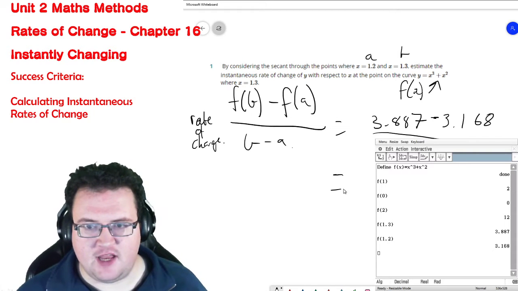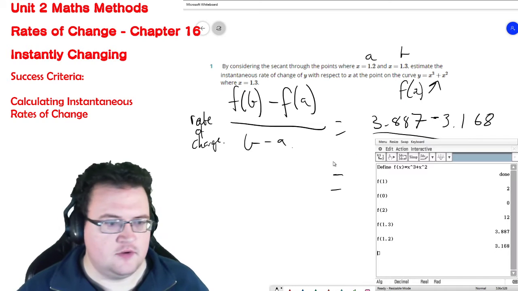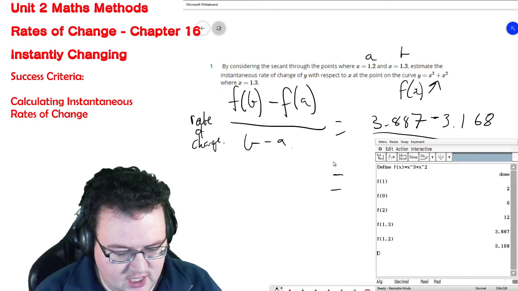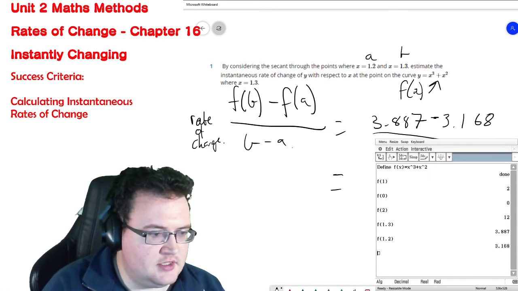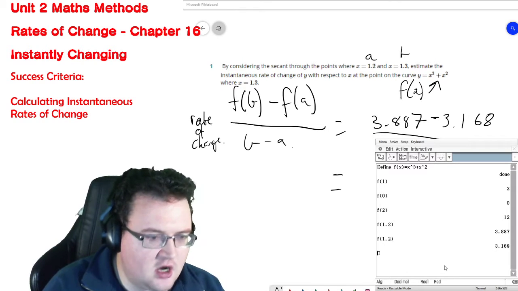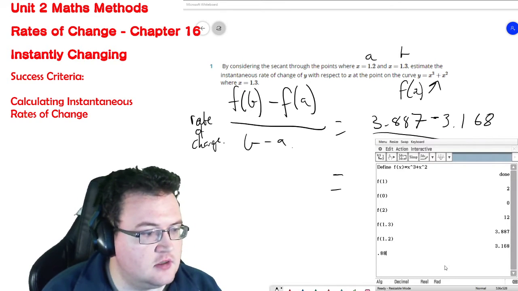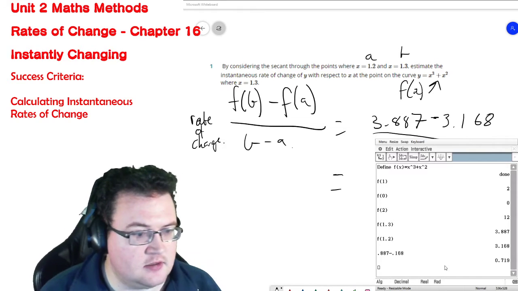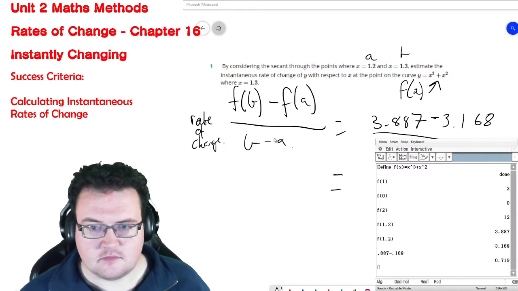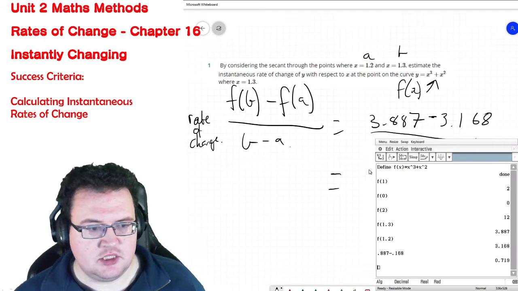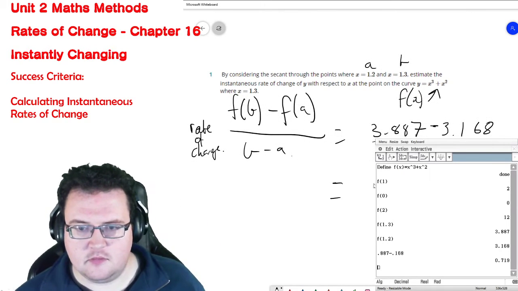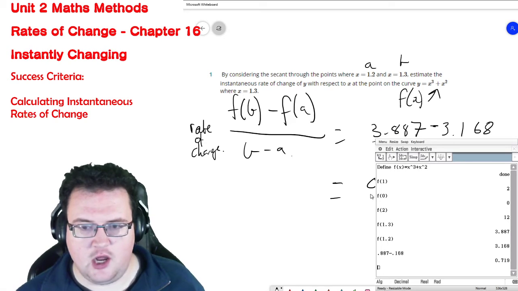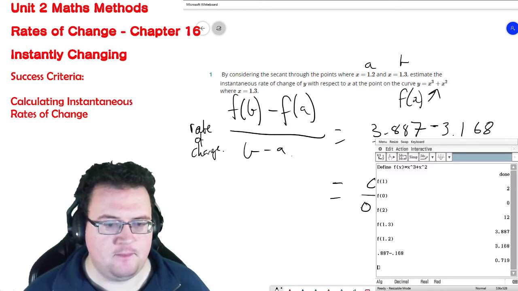We can simplify that, cancel some things down. So it's going to be 3.887 minus 3.168. So obviously the 3's go away, so we're just worrying about the decimals. 0.887 minus 0.168 means that we get 0.719 over 0.1.